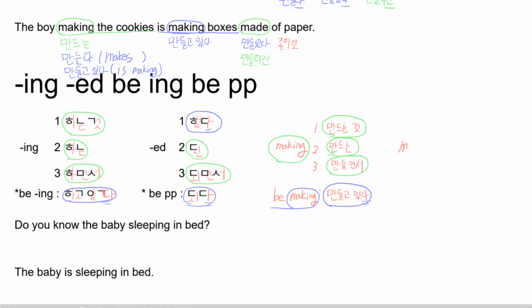Okay. How about made? Made could mean one of the three things presented on the left side. Firstly, it could mean 만들었다. Second, 만들어진.